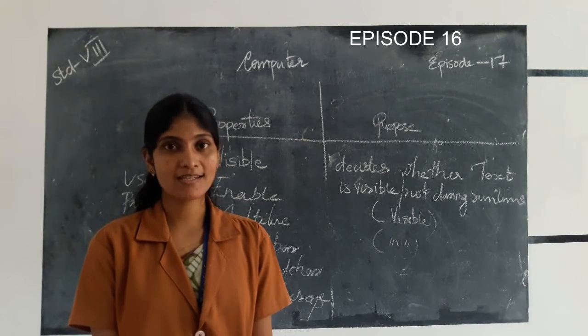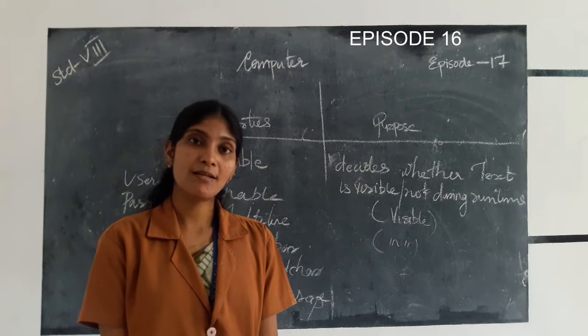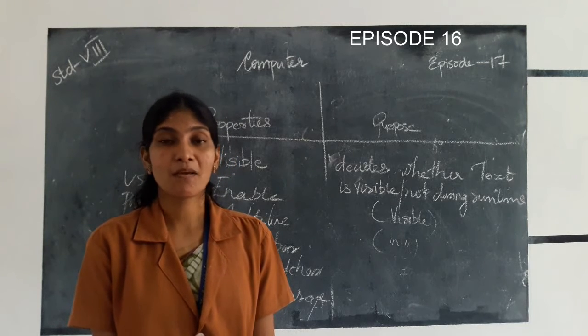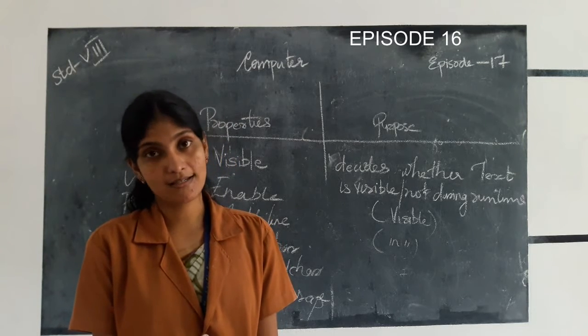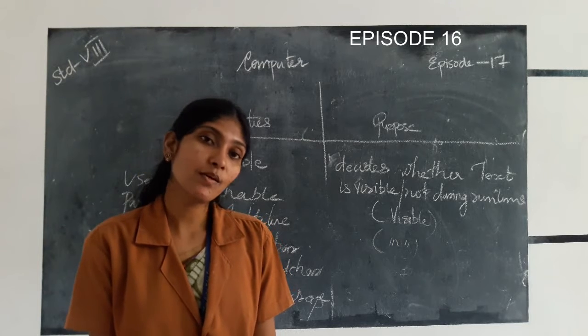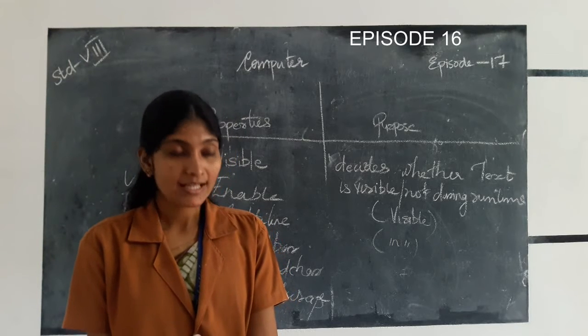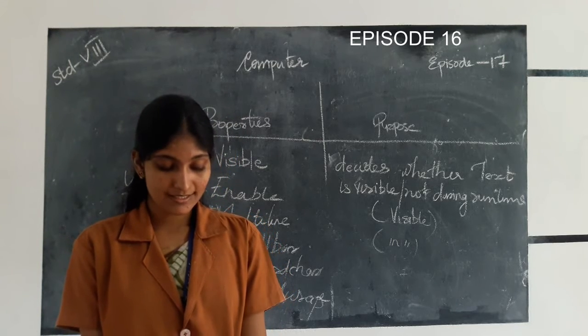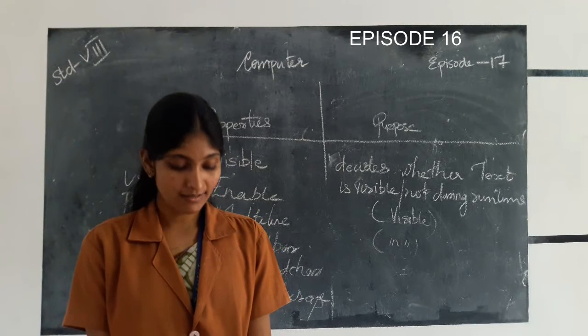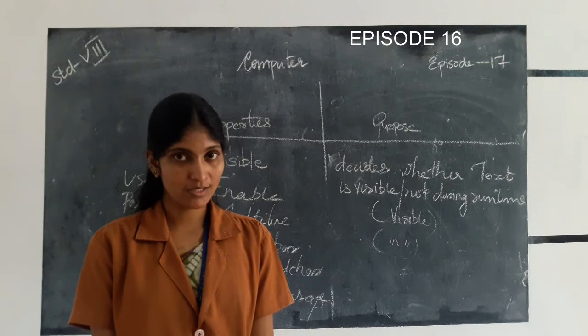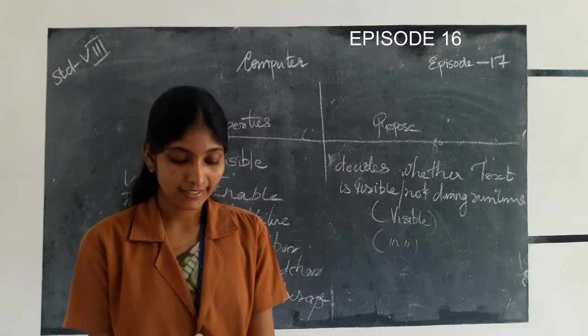Then password character, the text you entered in the password space will be replaced using star or hash, etc. For such a property we can use password character. Then word wrap means the control automatically wraps words to the beginning of the next line when necessary.